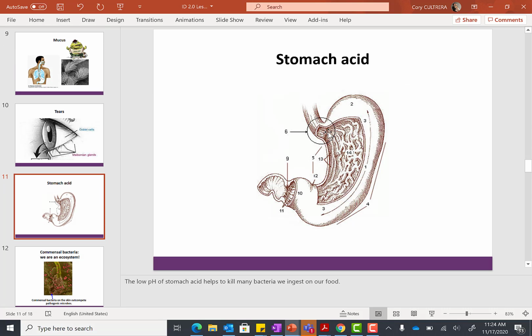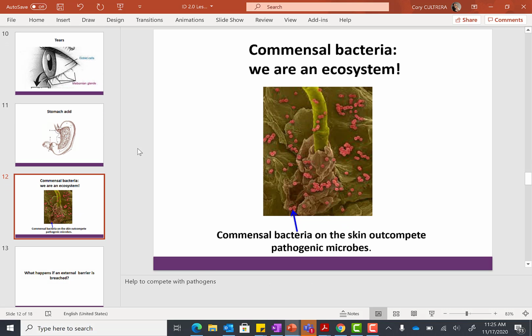One of the other more common ones that you've probably talked about in the past is your stomach acid. If you remember, this gastric juice found inside your stomach has a low pH of around 3, and that low pH helps to kill a lot of the bacteria that we bring into our bodies when we consume food. And the last barrier we'll talk about here is your commensal bacteria, the bacteria that lives on and in our bodies.